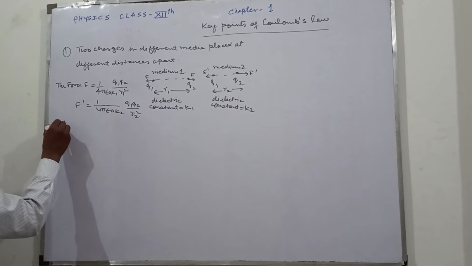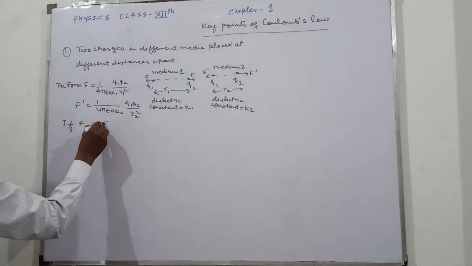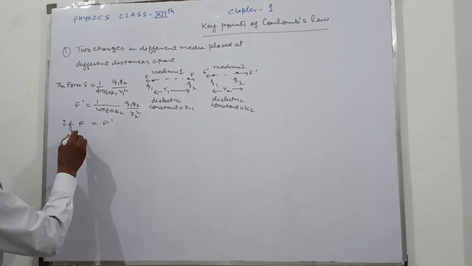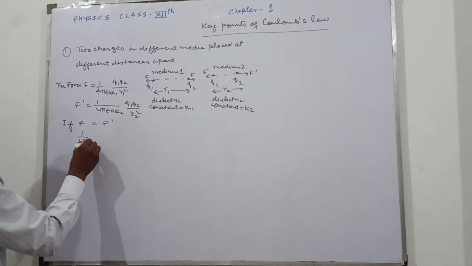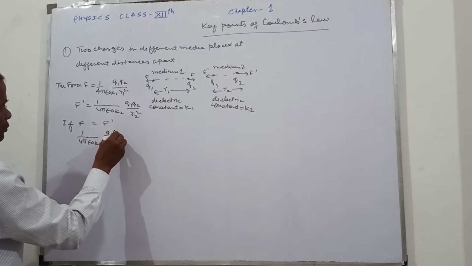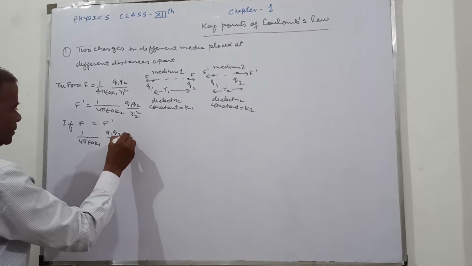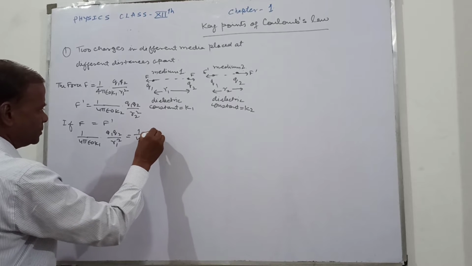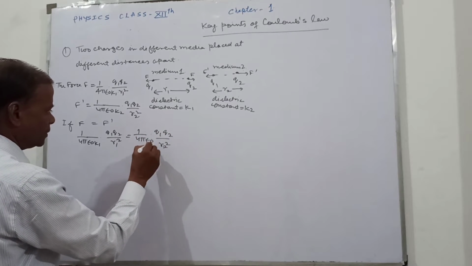Now what we say is that if F equal to F dash, these two forces are equal, then what will happen? 1 upon 4 pi epsilon naught K1 into Q1 Q2 upon R1 square is equal to 1 upon 4 pi epsilon naught K2 Q1 Q2 upon R2 square.